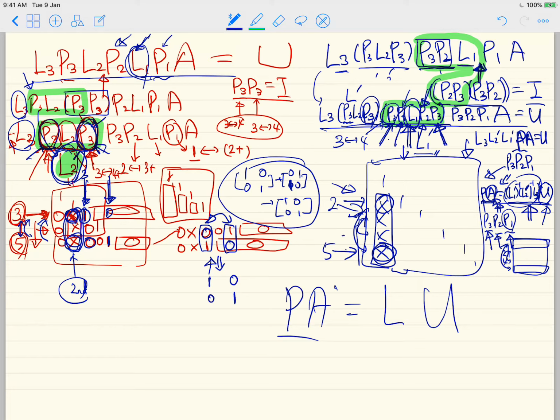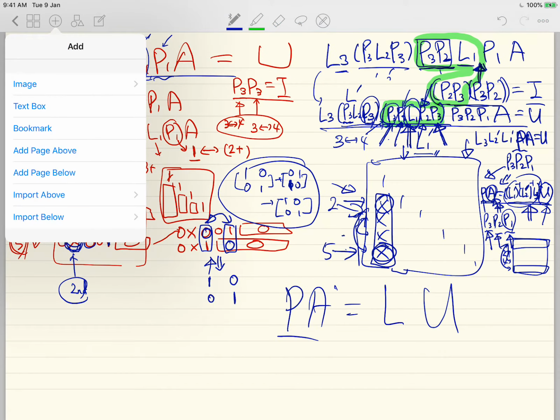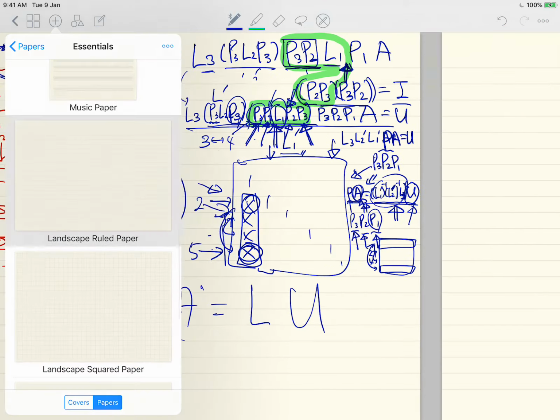Okay, and then what's the use or where do we utilize this LU factorization? The main application of this LU factorization is that it's mainly used for solving linear systems.